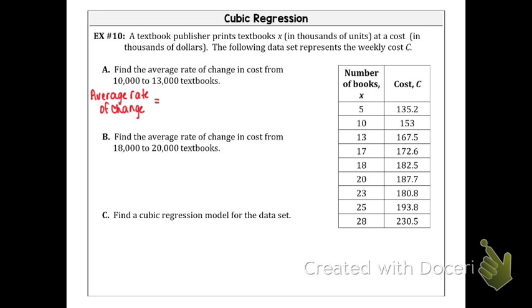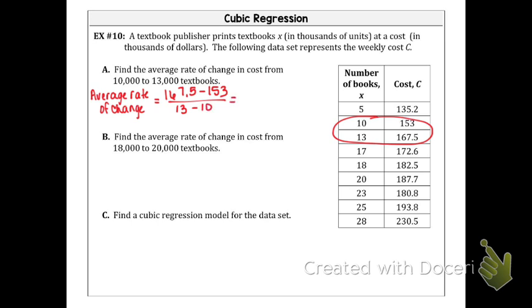Between 10,000 and 13,000 textbooks. Remember, the X's and the C's here are both in thousands of units, okay? So we're looking between 10 and 13 right here. I'm going to find the difference in my Y's over the difference in my X's.